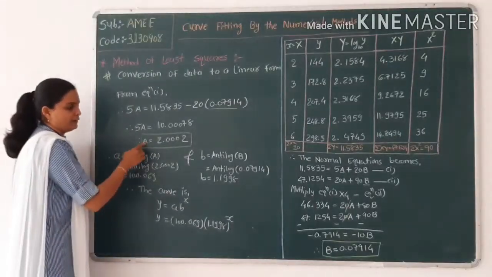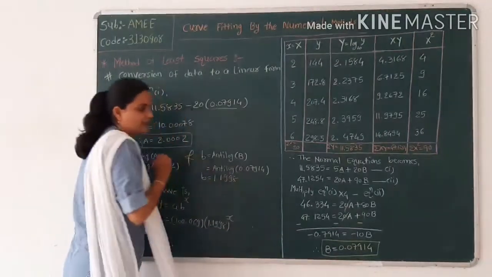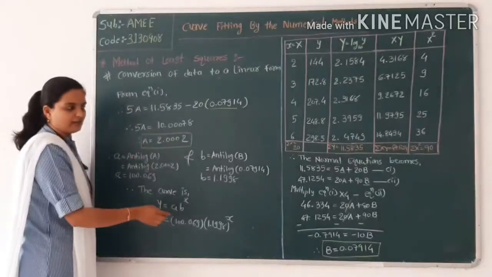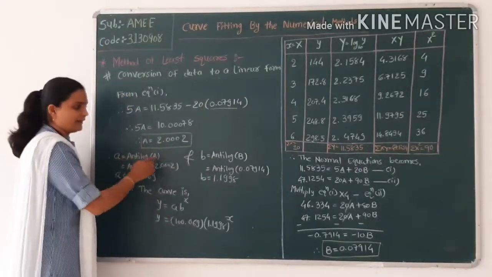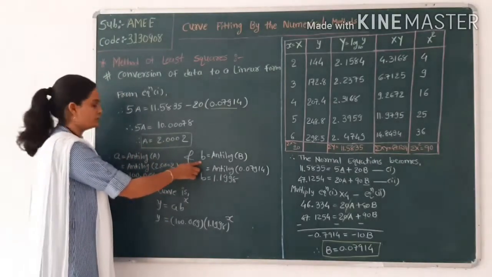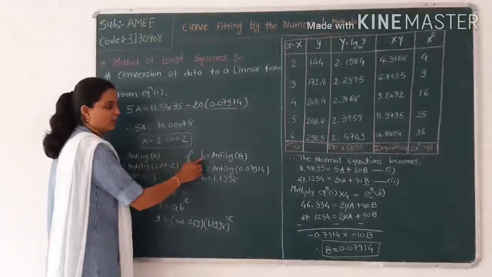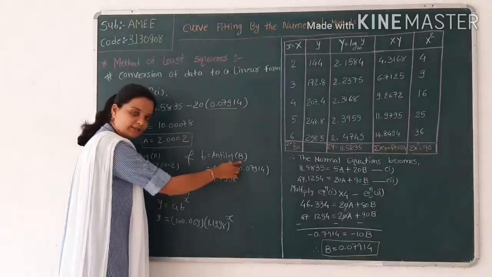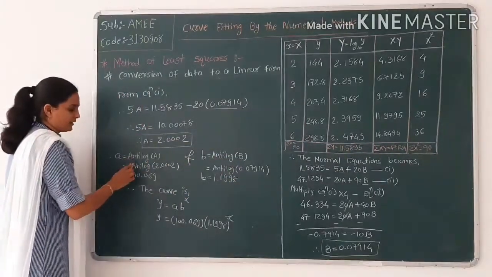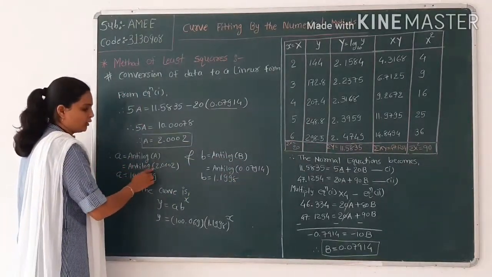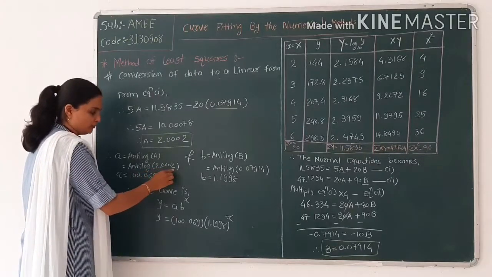Now we have the values of capital A and capital B. From both values we find small a and small b. Small a equals antilog of capital A and small b equals antilog of capital B.